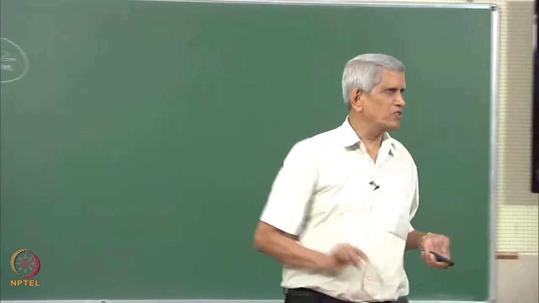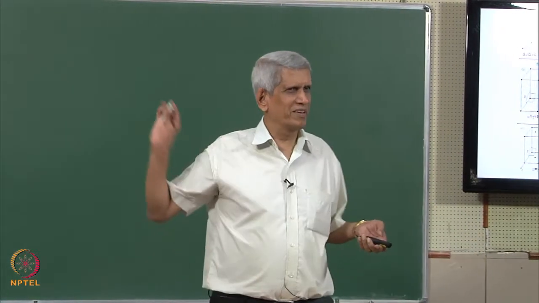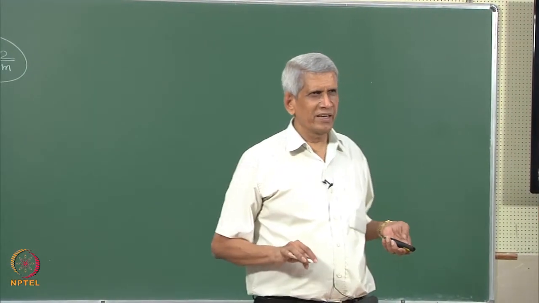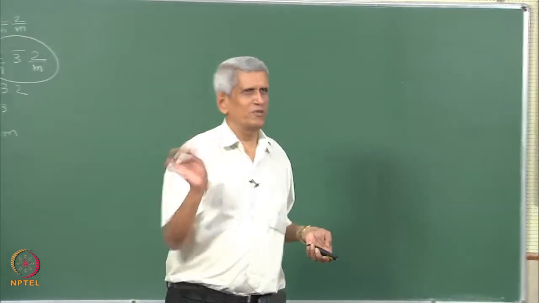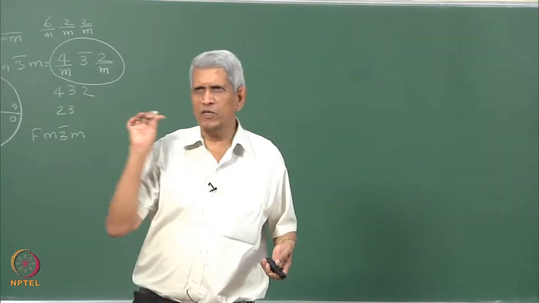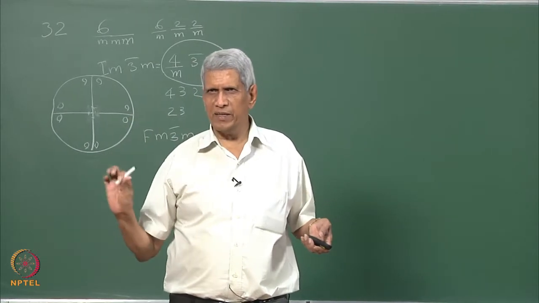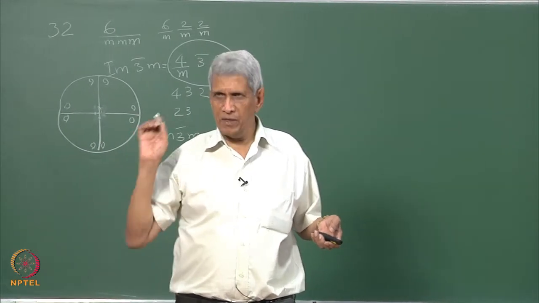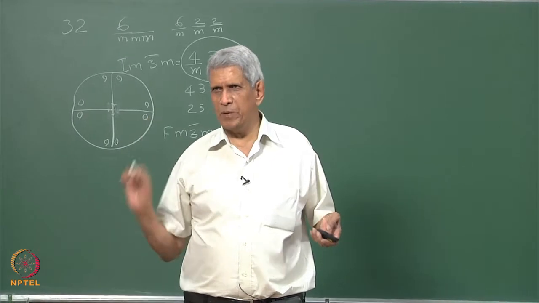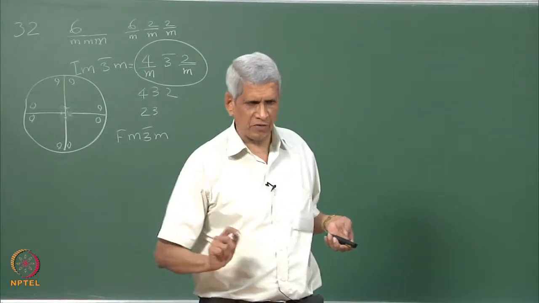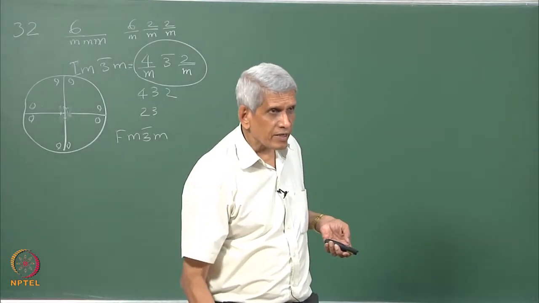The total number of symmetry elements which this crystal can have is going to be 8. There are many ways in which it can be derived, but just looking at the number of poles which are there, you get the information about all the symmetry operations which are possible. Okay, the total number of symmetry operations which are possible. Is it clear?